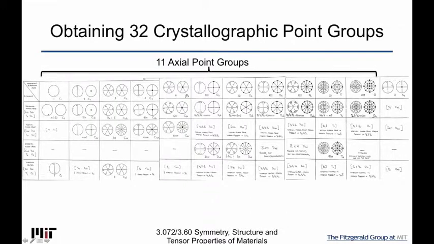Then we said, okay, using our cosine A, cosine B, and cosine C expressions, there are some solutions that create more complicated axial relationships than just having a single high symmetry axis passing through a sphere. We have the 222, the 32, the 422, the 622, the 23, and the 432.